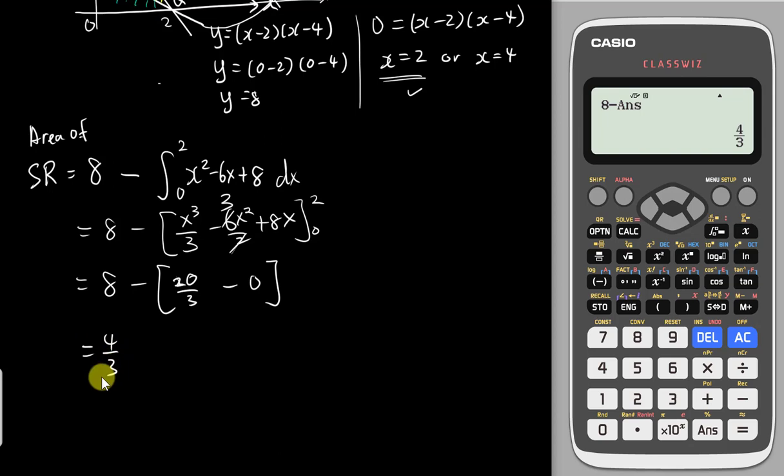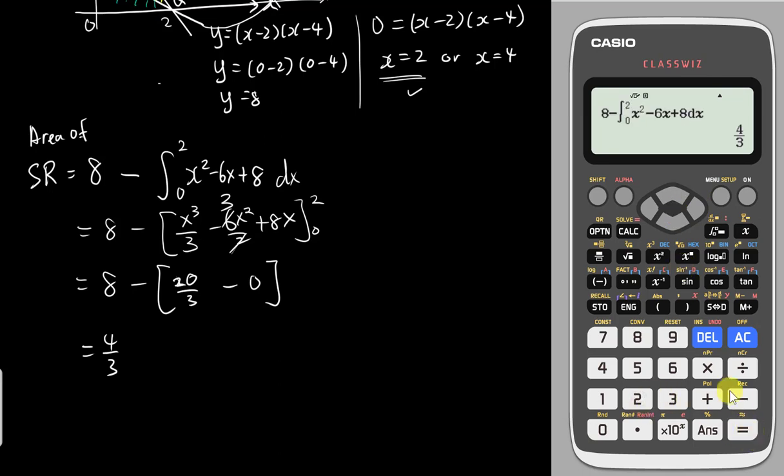Right, so what we can do here is we can actually type a minus straight away. If you want to check the answer, I will insert the whole integration here, and then insert the original equation, x squared minus 6x plus 8, and then I insert from 0 to 2.